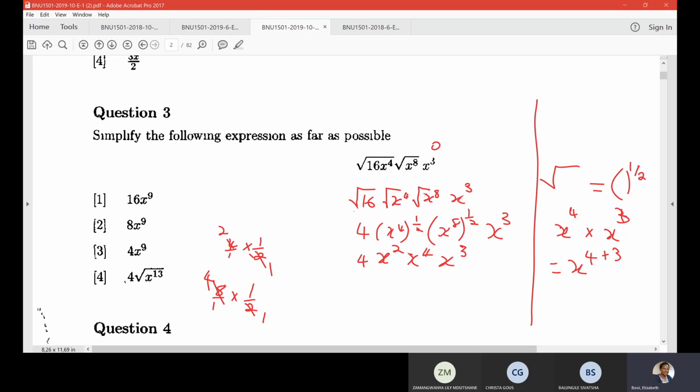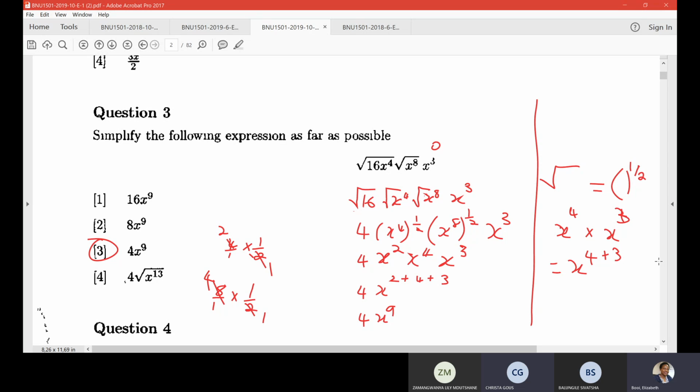We add the exponents. We remember that. It's something that we did in component number 1. Yeah. So because we are multiplying, then we can add the powers. So this will be 4x to the power 2 plus 4 plus 3, which gives 4x to the power of 9, which is option number 3.